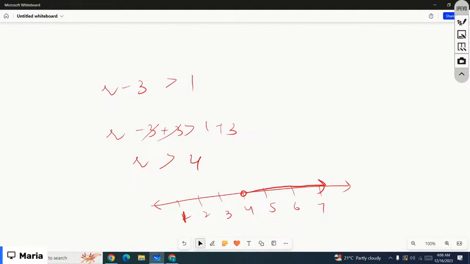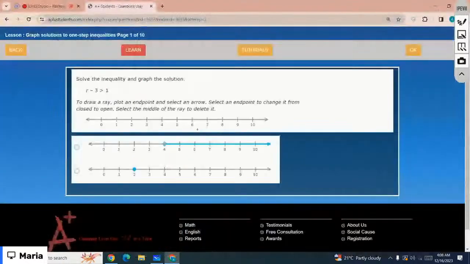This open circle means 4 cannot be a solution of the inequality. Only numbers greater than 4 are the solution of the inequality, right? So option number 1 is the correct option. You must have an open circle at 4 and the graph must be pointing to the right-hand side.